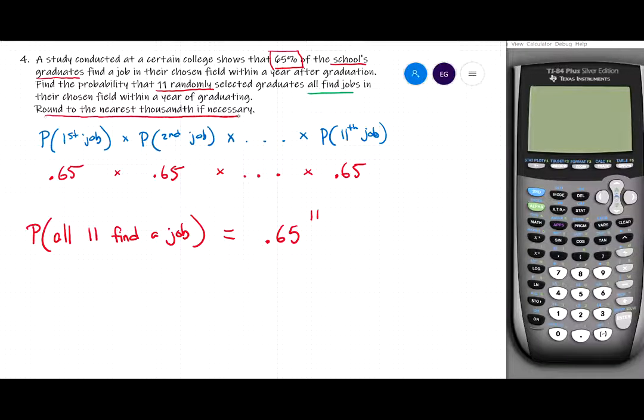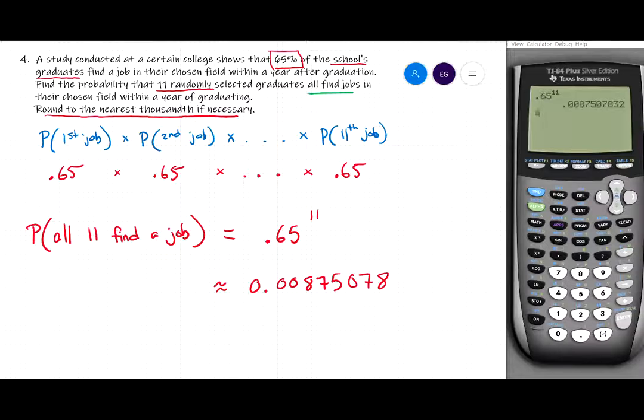So let's come over here to the calculator. 0.65 raised to the power 11. And that's approximately 0.00875078078. We don't need all of those decimal places.